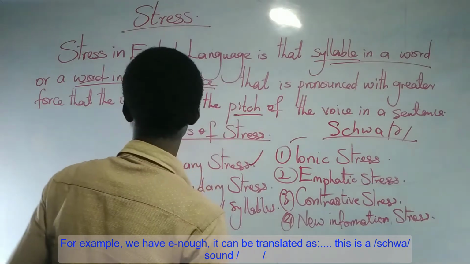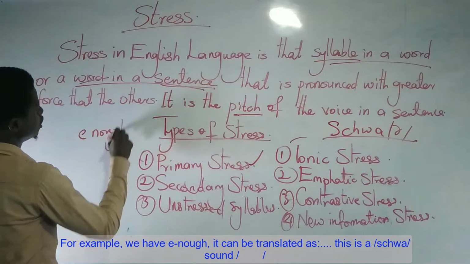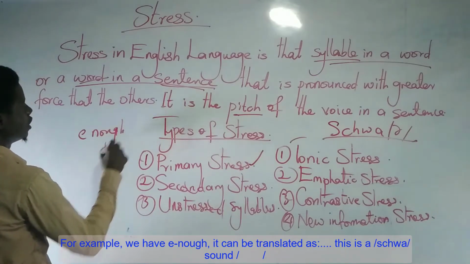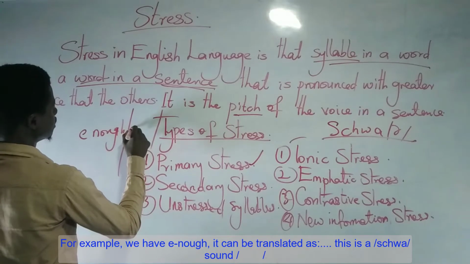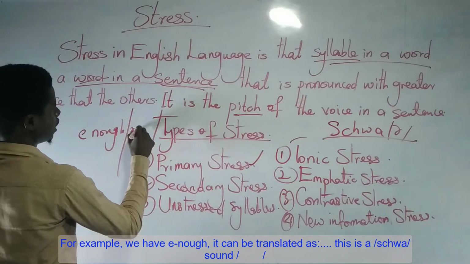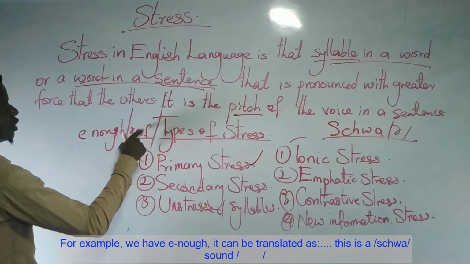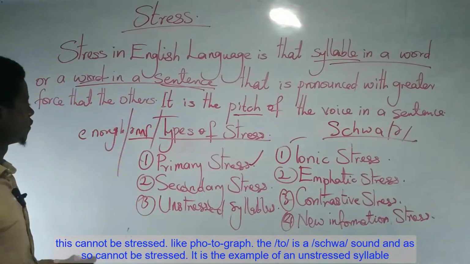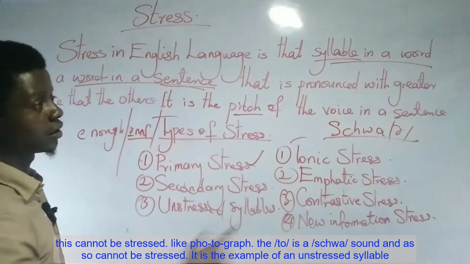For example, we have E-N-O-U-G-H. It can be translated as enough, and this is the schwa sound. This cannot be stressed. Like photograph.